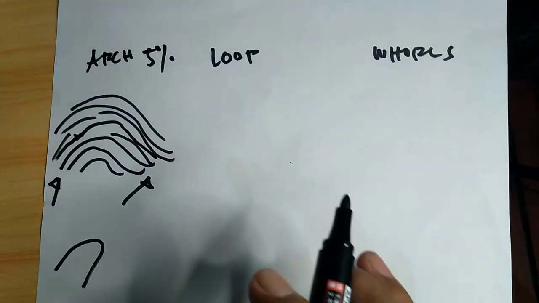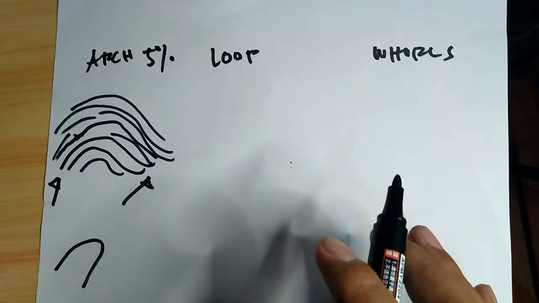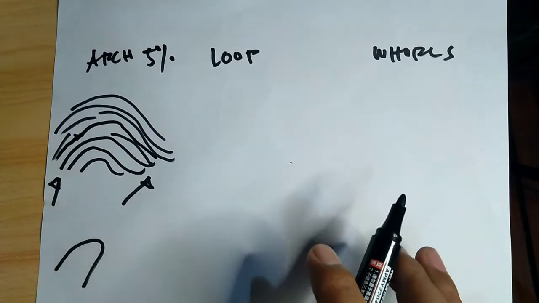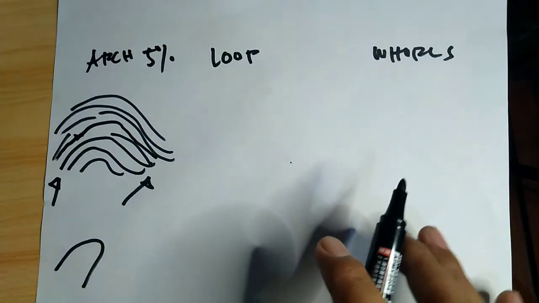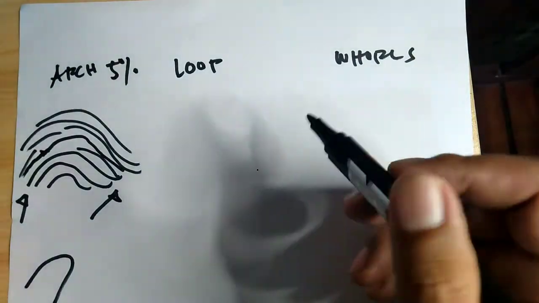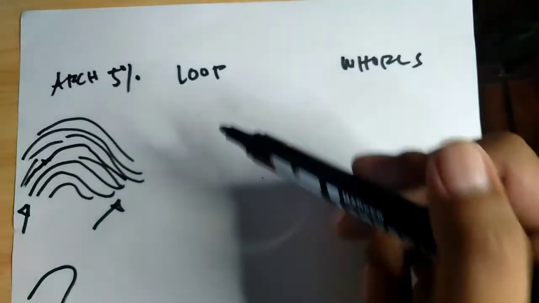Now for the loop, guys. For loops, we have two types: the radial loop and the ulnar loop. The characteristic of a loop is that we have what we call a recurving ridge. What is a recurving ridge again?